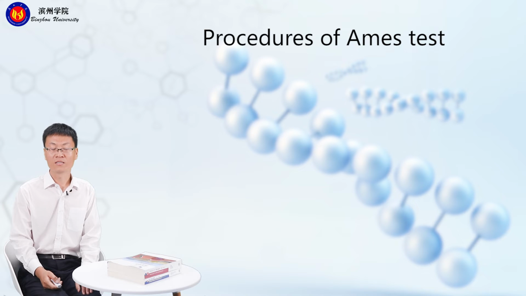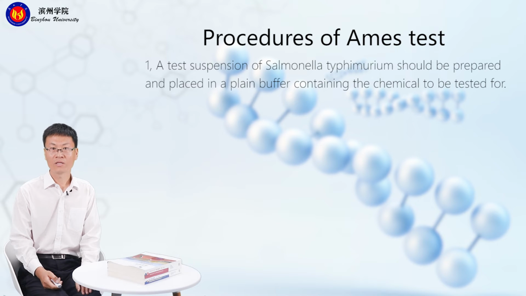Next, let's take a look at the procedures of the Ames test. Firstly, a test suspension of Salmonella typhimurium should be prepared and placed in a plain buffer containing the chemical to be tested.